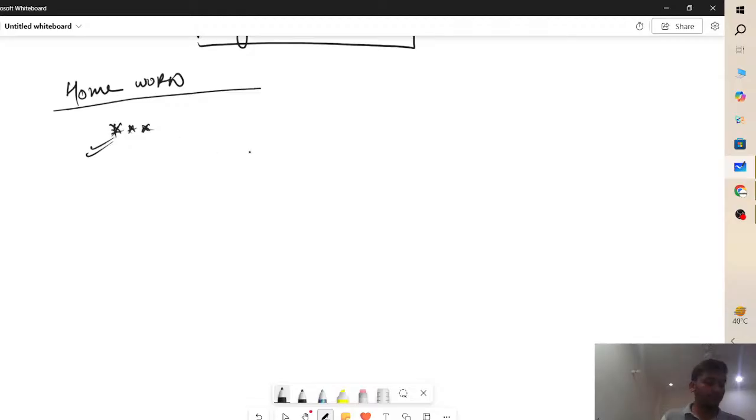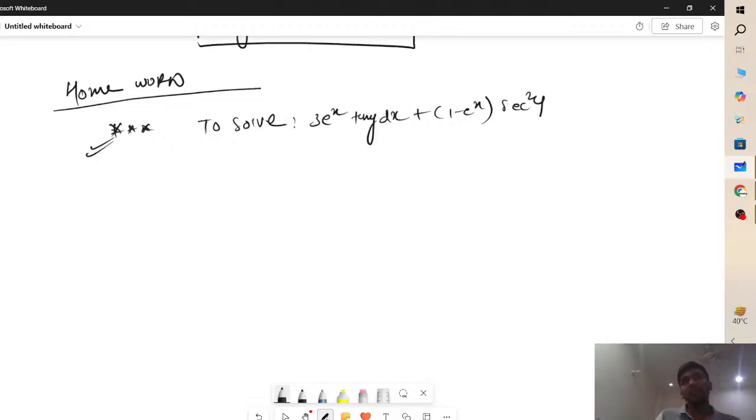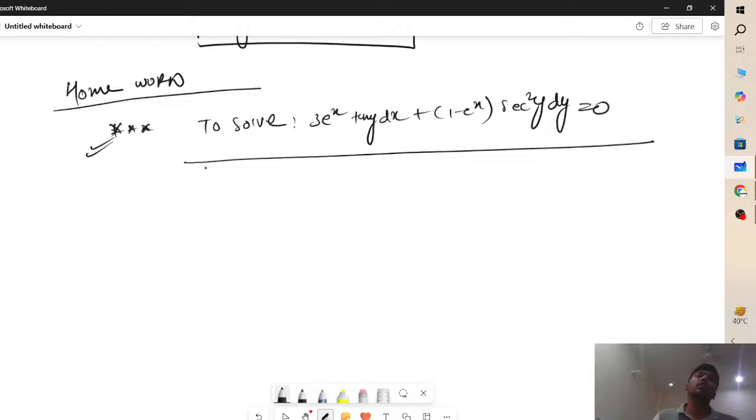It is very important to solve: 3e^x tan y dx plus (1 minus e^x) sec square y dy equals to 0. This is the homework question, and I need everyone to solve.